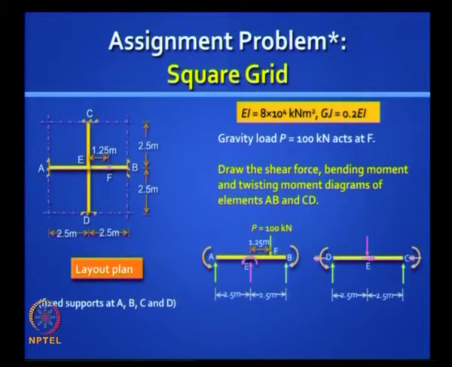Do you have beam elements or grid elements? Beam elements, right, and for CD you have a grid element. So it is similar to the other problem. Please try to sketch, predict the shapes of the bending moment and shear force diagram, and then with these notations you can go ahead and solve the problem, right.